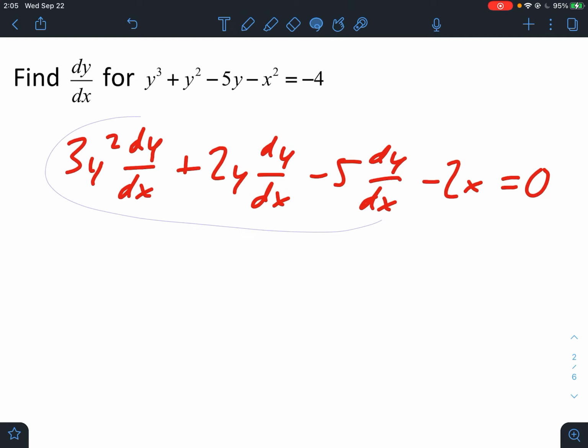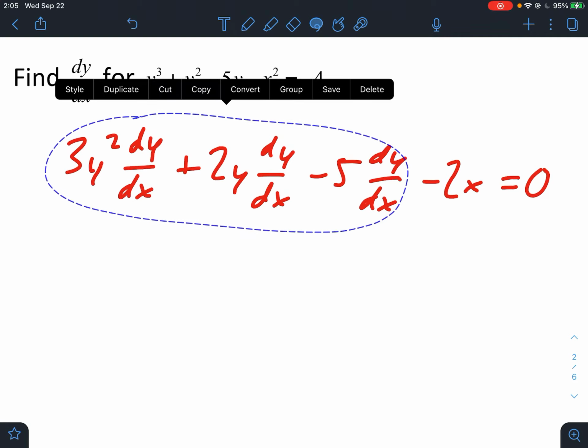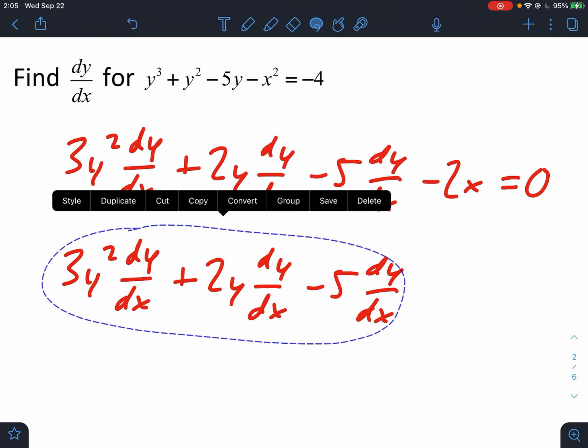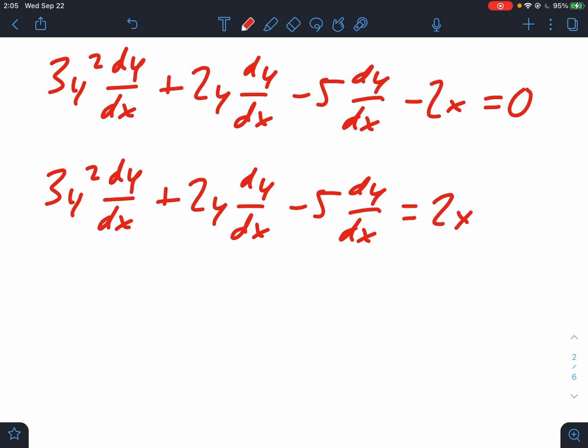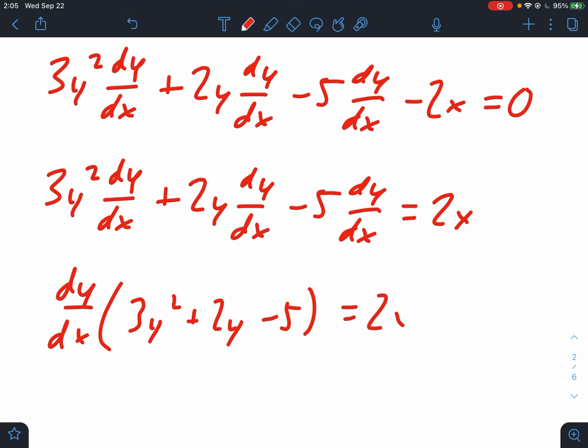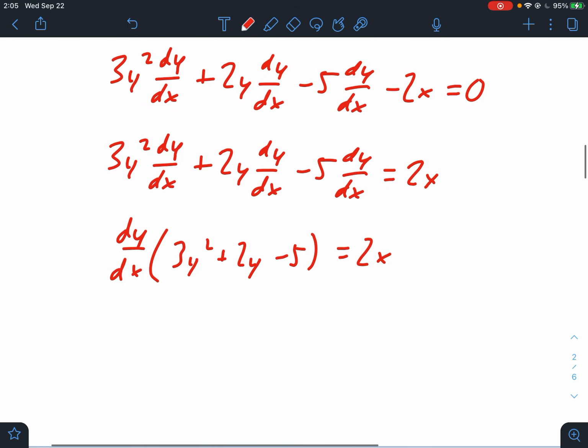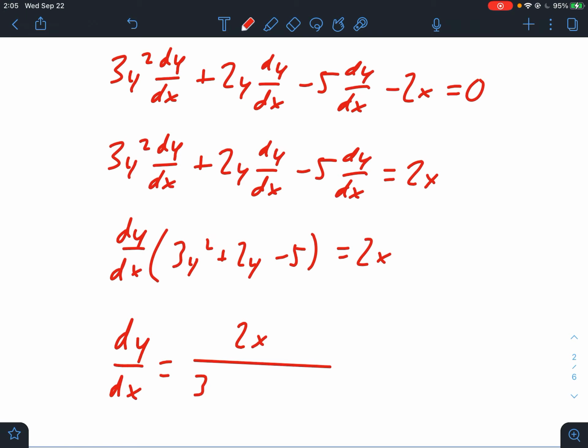Then we'd want to keep all of these, since they all have dy dx together, but the 2x does not, so we're going to add that to the other side. Then we're going to factor out dy dx and what's left. And then finally, to get dy dx by itself, we have 2x over 3y squared plus 2y minus 5.